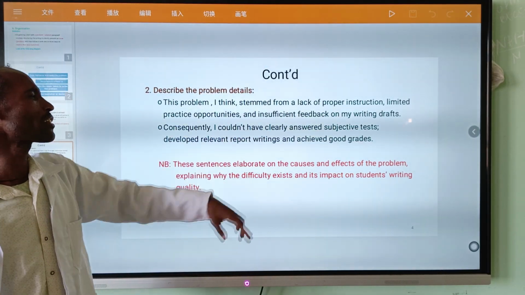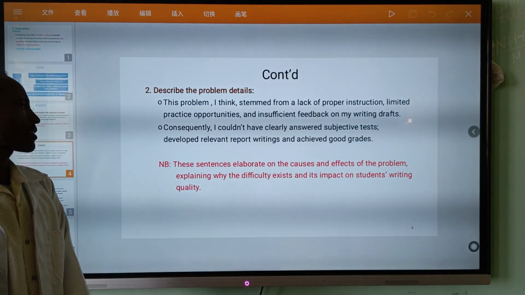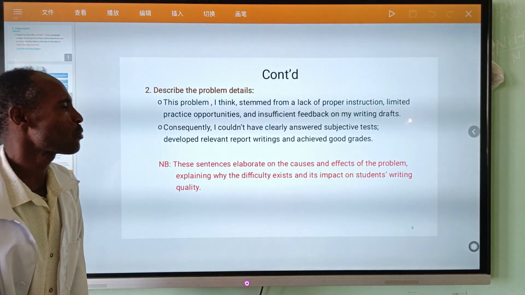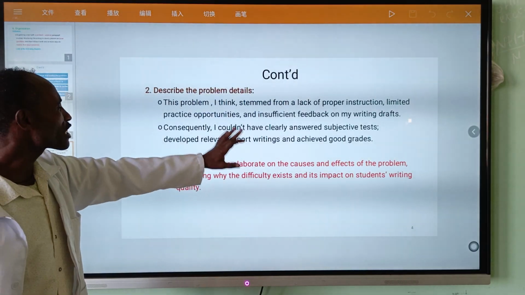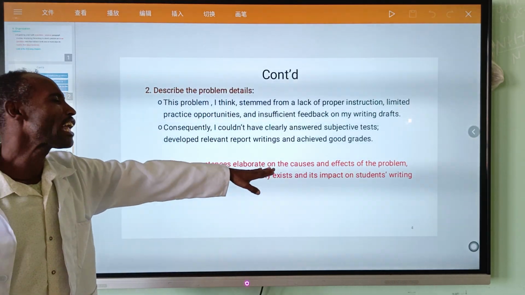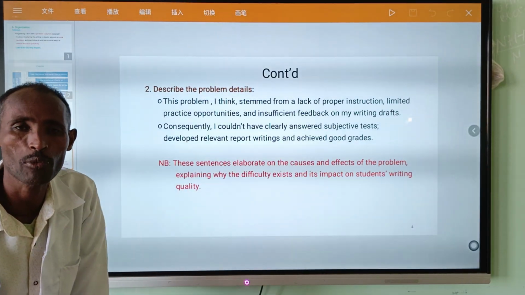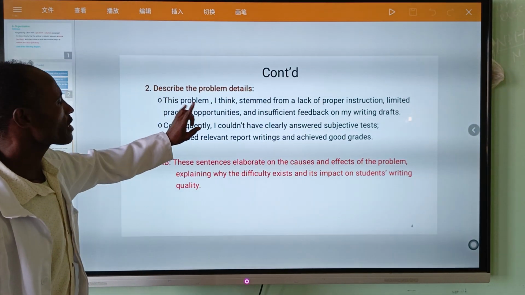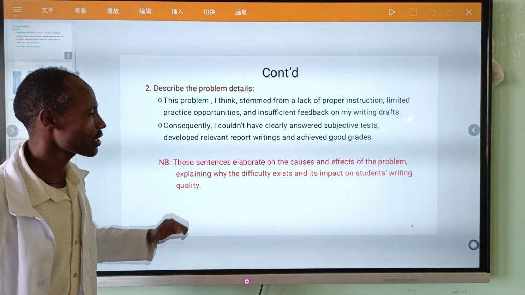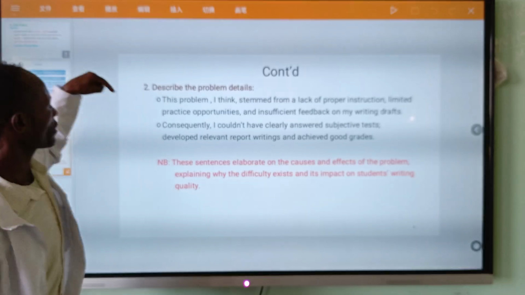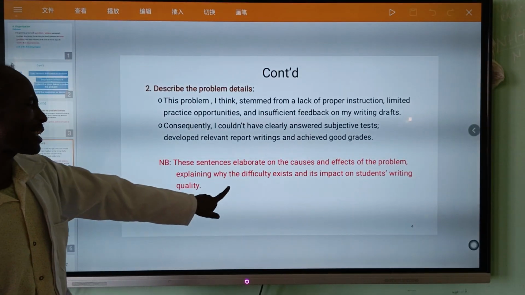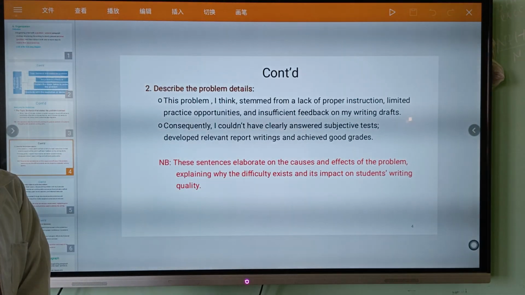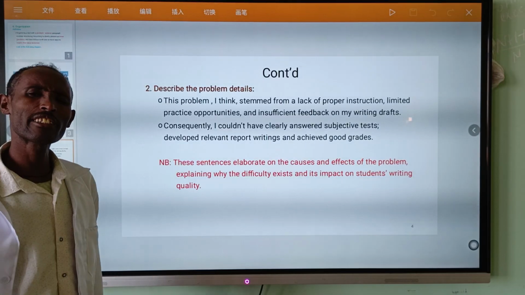Consequently, I couldn't clearly answer subjective tests, develop relevant report writing, and achieve good grades. These two sentences elaborate the cause and effect of the problem. The first describes the cause, and the second describes the effect, by explaining why the difficulty exists and its impact on students' writing quality.